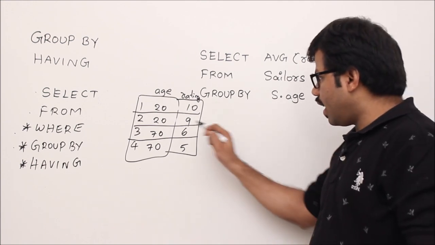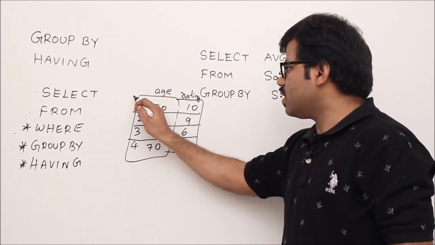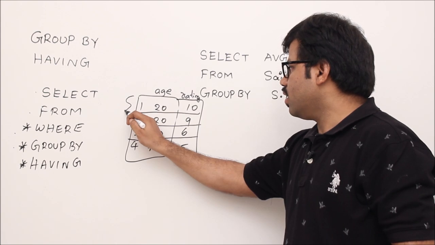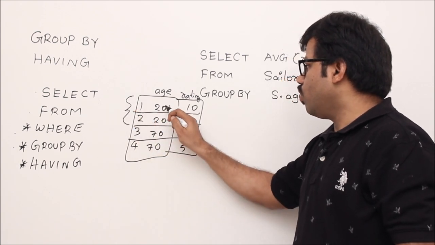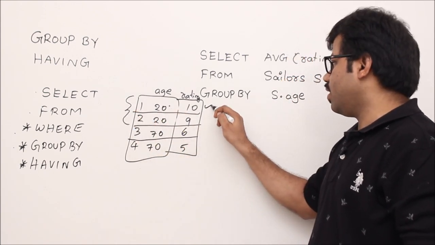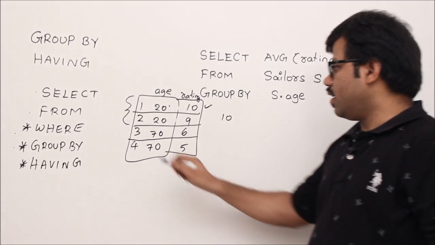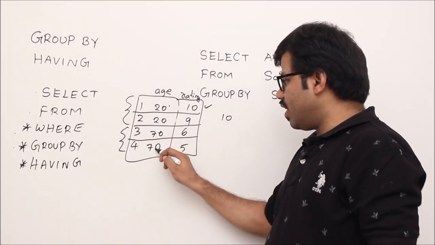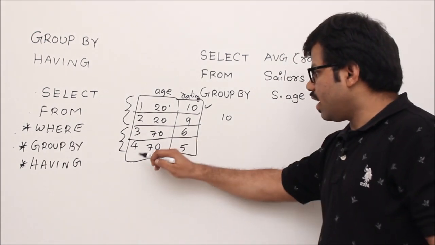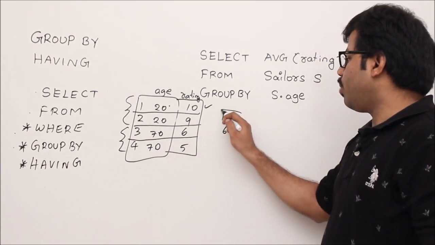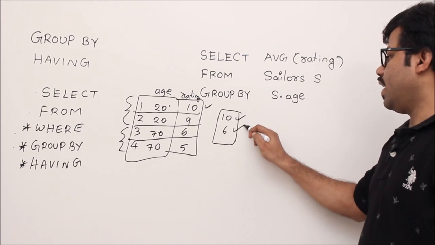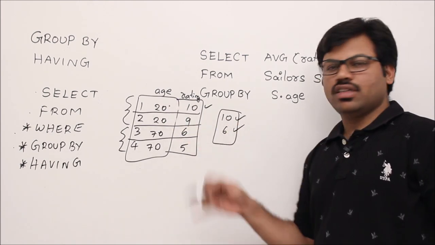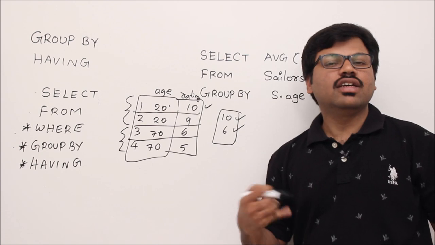Then what I do is I take the group, I mean here group is nothing but group by age, correct? So age 20 people, these two, among them who is highest, 10, so I want to print 10. Then next group is age 70 people. For that, what is the highest rating? 6. So I want to print like this: 10 comma 6. 10 is the highest rating in age 20 and 6 is the highest rating in age 70.